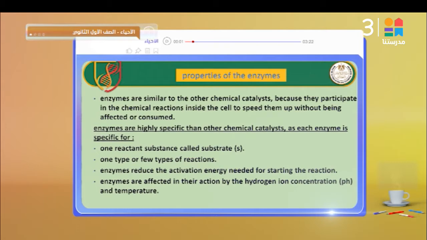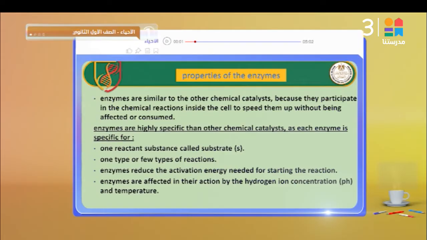This point must be explained: pH. What is the meaning of pH? The concentration of positive hydrogen ions in a solution, whether it is neutral, acidic, or basic. pH 7 is neutral, like water. pH less than 7 is acidic; the most acidic is 1, so acidic is 1, 2, 3, 4, 5, and 6.